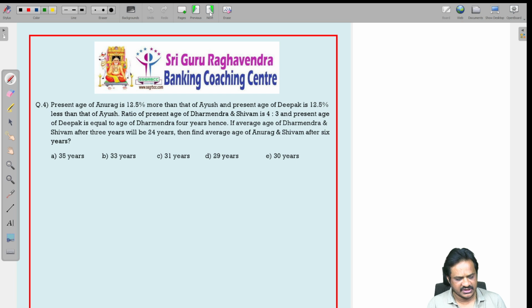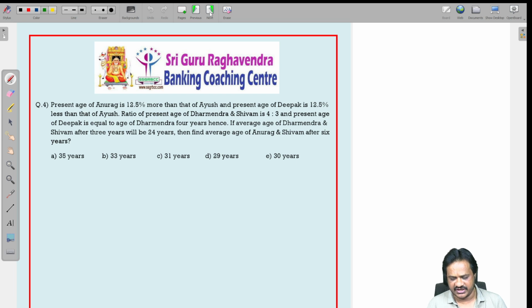Fourth question. The present age of Anurag is 12.5% more than Ayush and the present age of Deepak is 12.5% less than Ayush. The ratio of the present age of Dharmendra and Shivam is 4:3 and the present age of Deepak is equal to the age of Dharmendra 4 years hence.